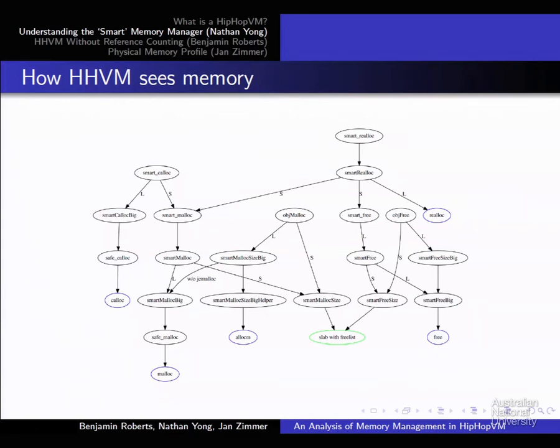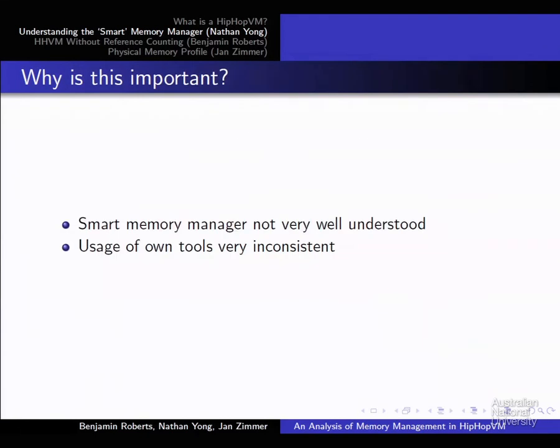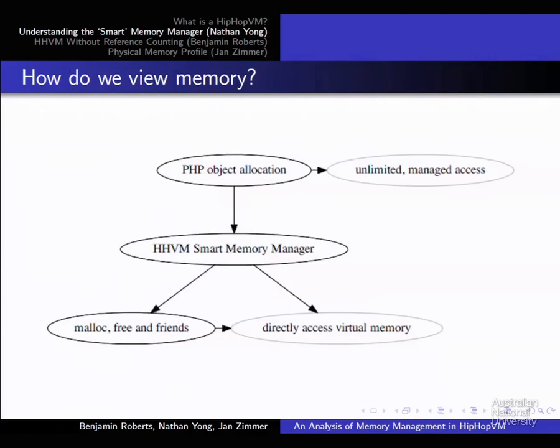Some important things to note about this memory manager is that there are several types of allocations. We have PHP objects, which live inside the PHP runtime. We have C objects, which HipHop uses to run itself, and also to coordinate the PHP objects.